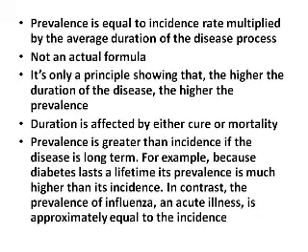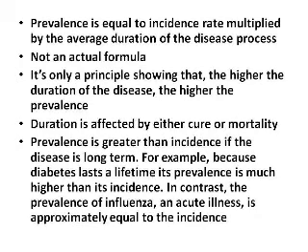So that increases the prevalence. Now, on the other hand, the prevalence of influenza, which is an acute illness, so you're either cured or you die, is approximately equal to the incidence. So again, the longer the duration of the disease, the higher the prevalence.